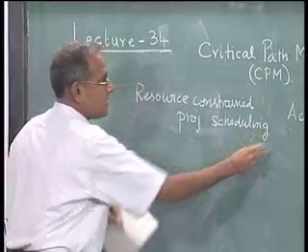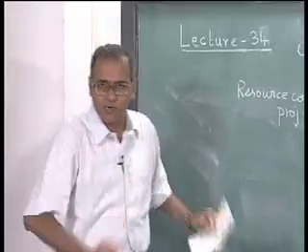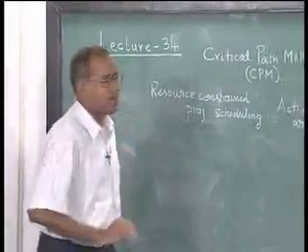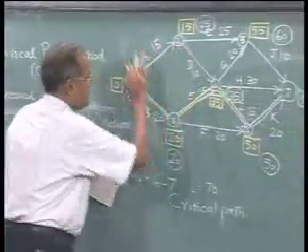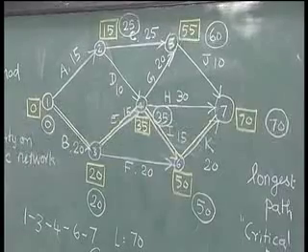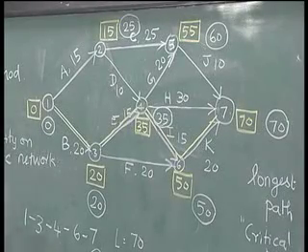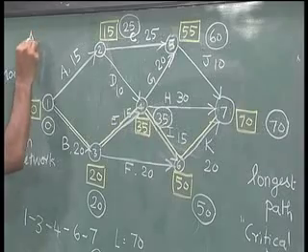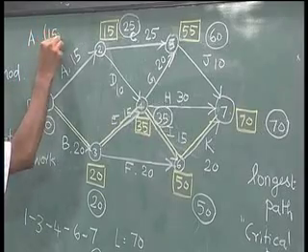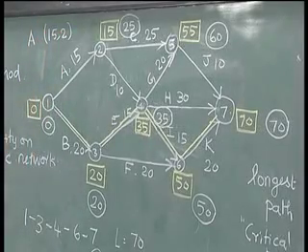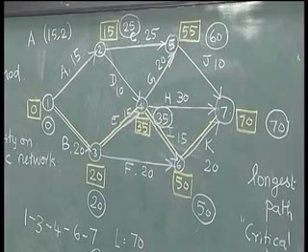We could have a single resource, we could have multiple resources, and so on. Just to give an example, we could look at material as a resource, or labor, people, as a resource. For activity A, we could say 15 and 2, which means 2 people are required to carry out this 15.